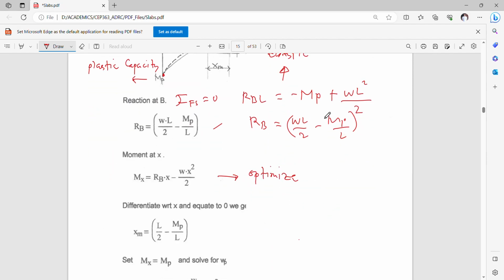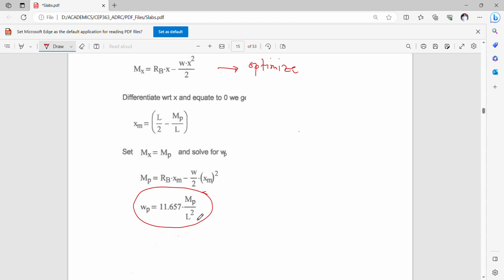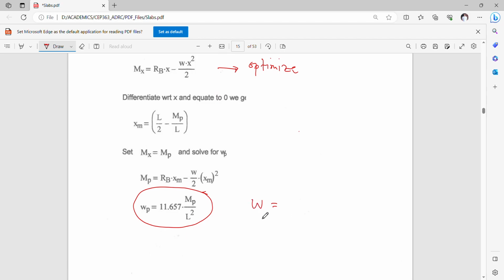And if we are going to compare the value of your W in terms of elastic, we can actually see that W elastic has a different value compared to the plastic load, the ultimate load that we talk about here.